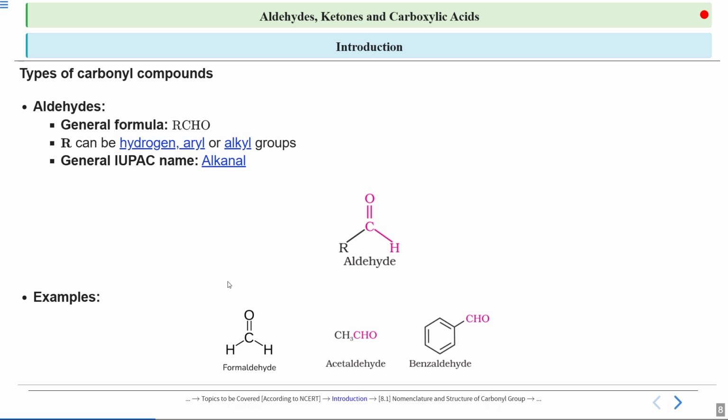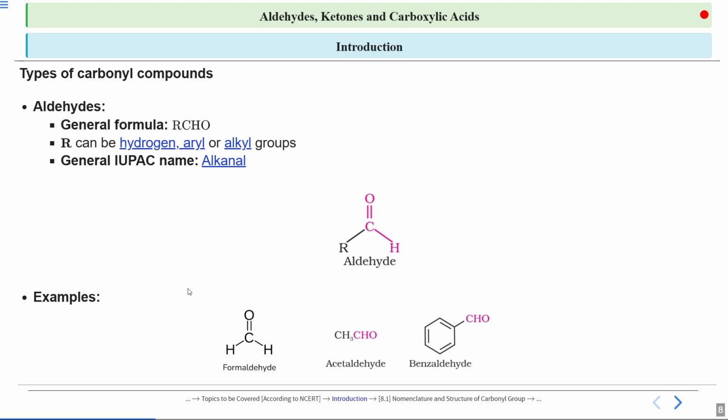Over here this is C double bond O, on one side you have a CH3 group and on the other side of the carbonyl you have a hydrogen. This is called acetaldehyde. And in this one you have a C double bond O carbonyl group, on one side an aryl group and on the other side a hydrogen. This is called benzaldehyde.